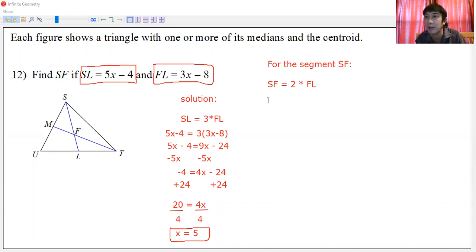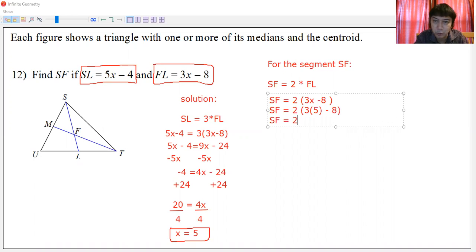The shorter is given. So we can start with SF is equal to 2 times the quantity FL. FL is 3x minus 8, and this is now equal to 2 times 3 times x. That means 3 times 5, and minus 8. We start with the inner parentheses.